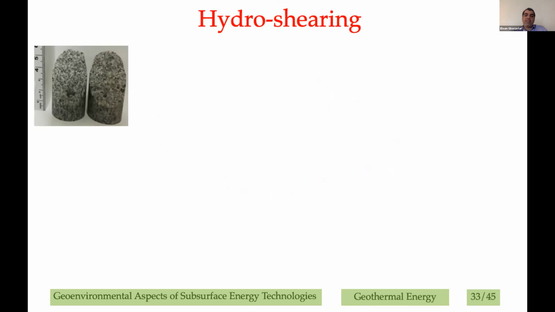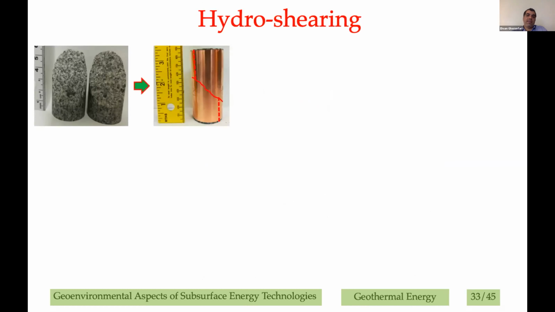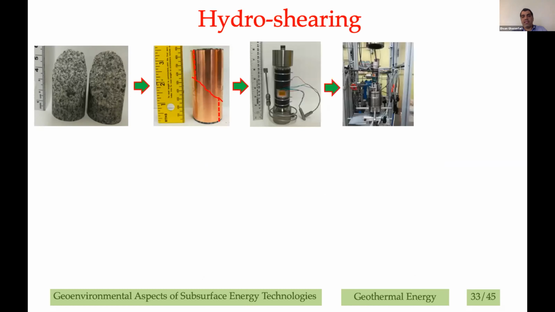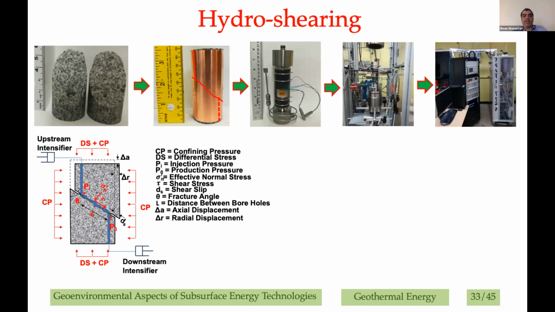Now, in the lab, we can also simulate the hydroshearing process. You can see the rock specimen that has holes drilled as injection and production wells, and then the sample is jacketed and mounted in the AutoLab.